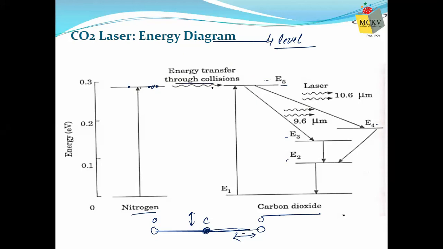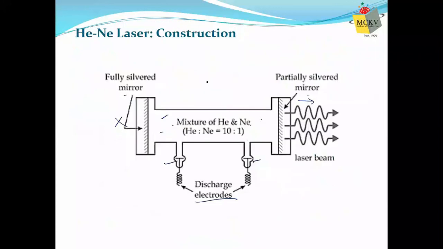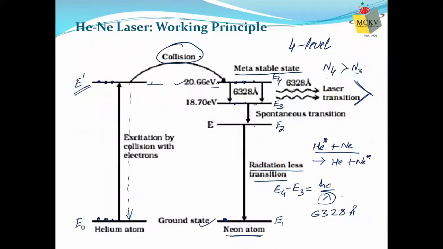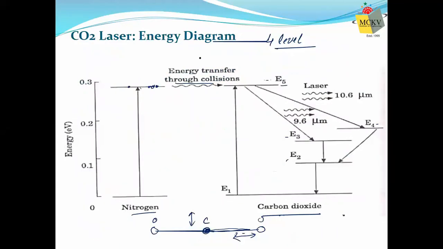So again, energy transfer is due to collision, like in the helium neon laser. You observe here also the same process. Always use comparison. It will be easier to remember and understand. So by this method, now carbon dioxide molecules are excited. So now here some carbon dioxide molecules are present.